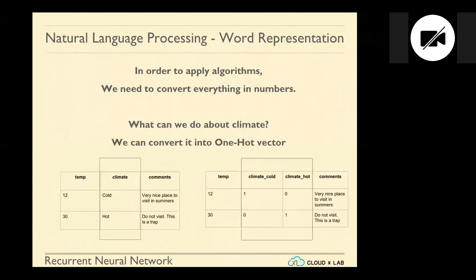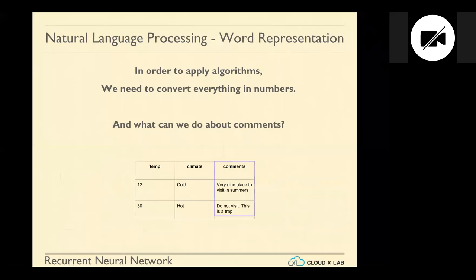So we were able to convert the climate column into numbers by hot encoding it, by taking all the unique values in the column and putting them into multiple columns. So any suggestions for comments?